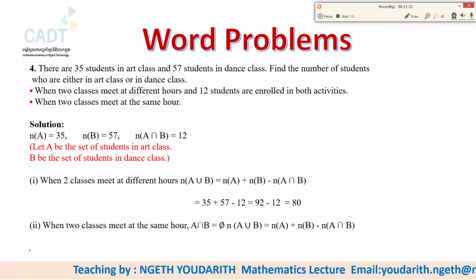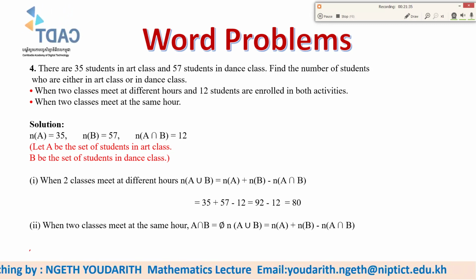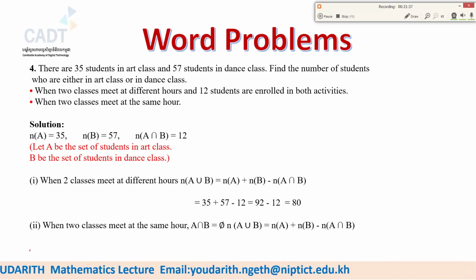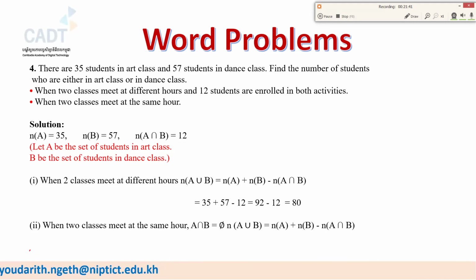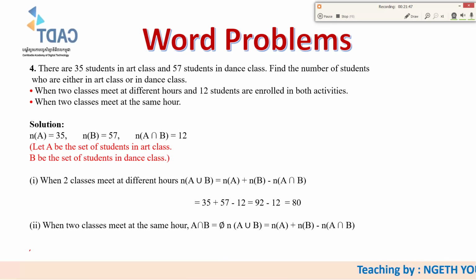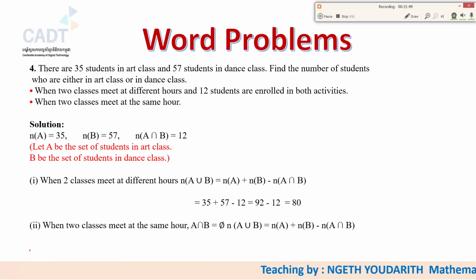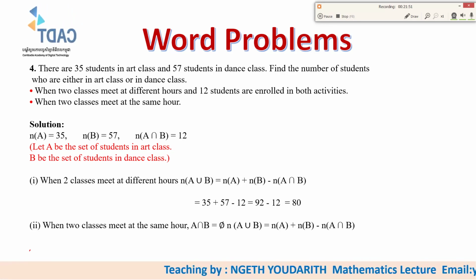Whichever one they go to study, if you want to study math, you cannot study soft skill. If you choose soft skill, you cannot study mathematics. This is the property of our thinking, like when two classes meet at the same hour.